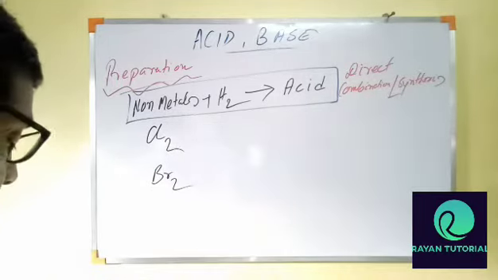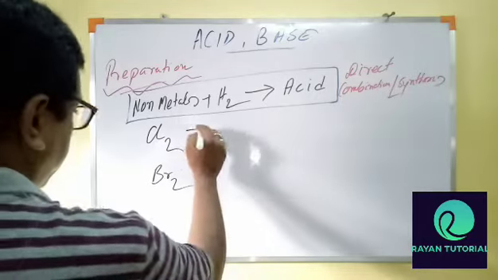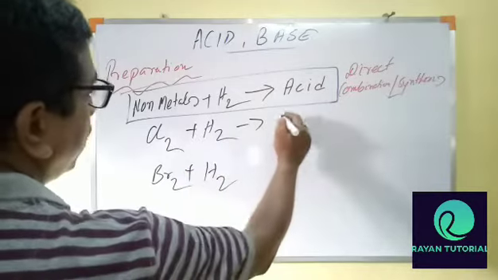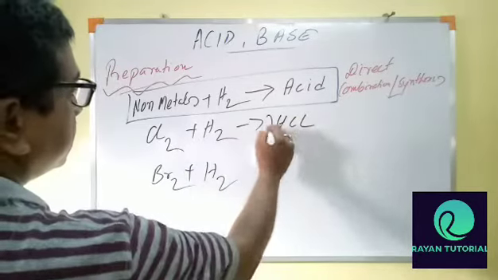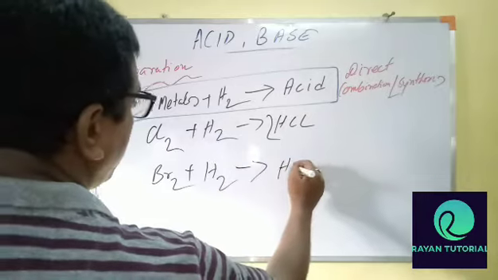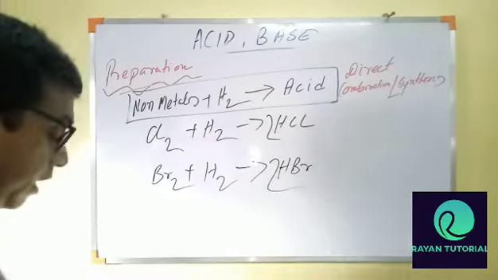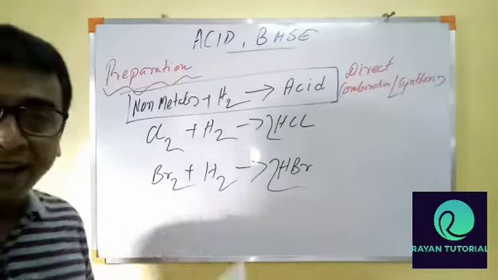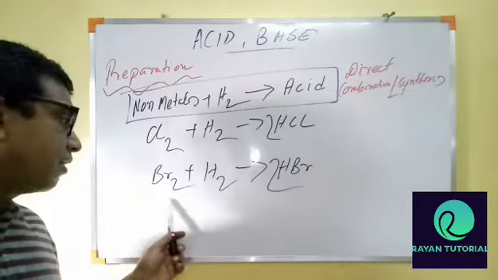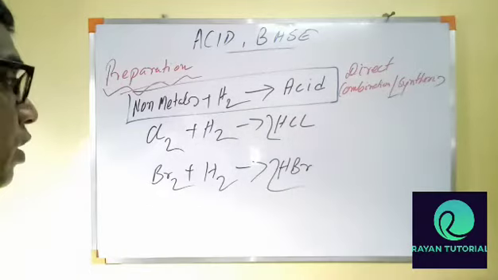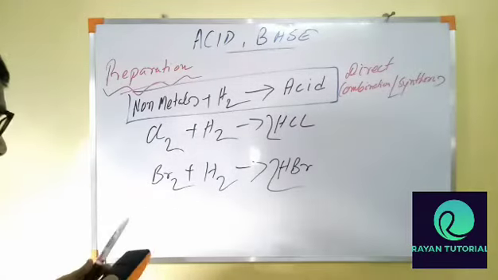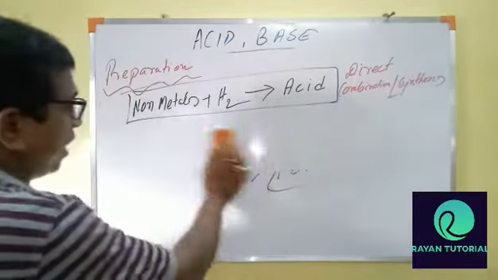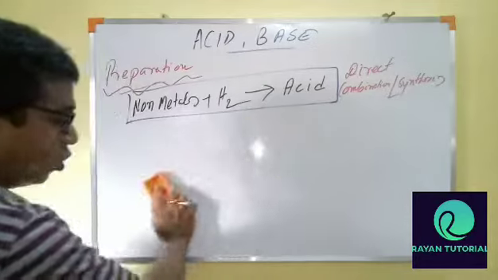Okay, chlorine, bromine, what else? Let's do these two only. Suppose chlorine plus hydrogen, it will give you HCl. Balance 2. Bromine plus hydrogen will give you hydrogen bromide. Clear? Again, sulfur plus hydrogen gives hydrogen sulfide. So number 1 you got it. Preparation is non-metals plus hydrogen gives you acid. Clear? Okay. Next.